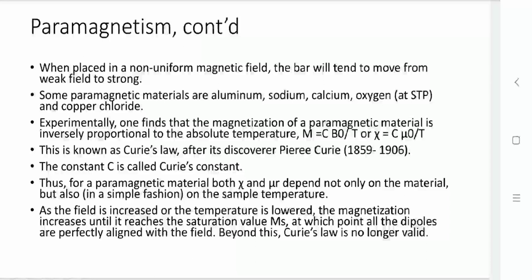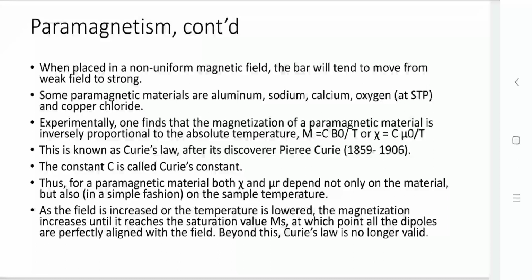So M is proportional to B0 by T. Replacing the proportionality with a constant, M equals C B0 by T, or we can say that zeta equals C mu 0 by T. That C is Curie's constant, based on Curie's law discovery.